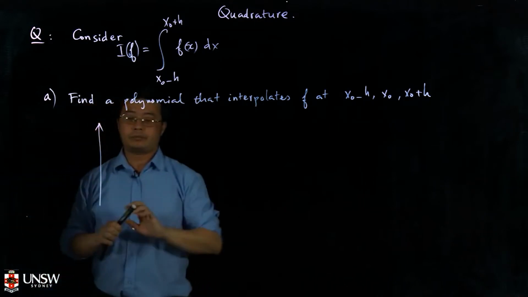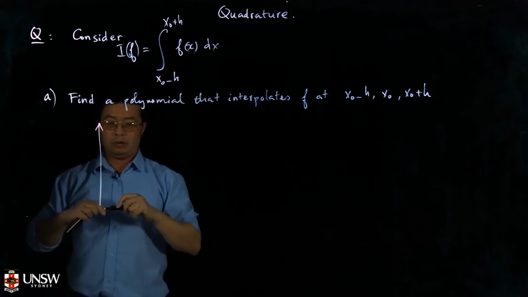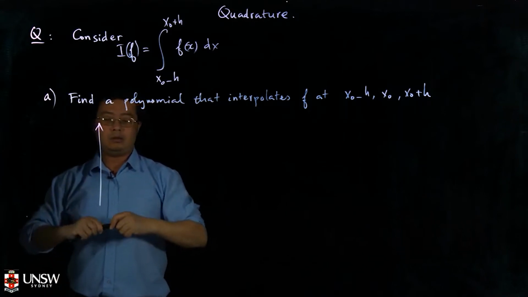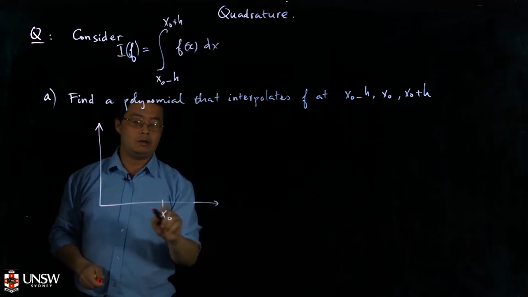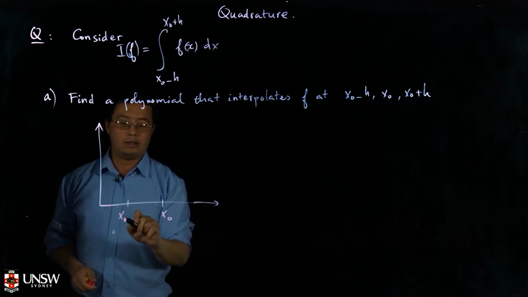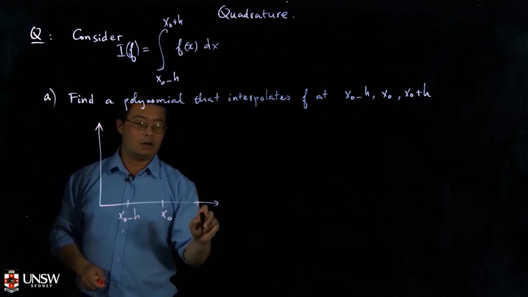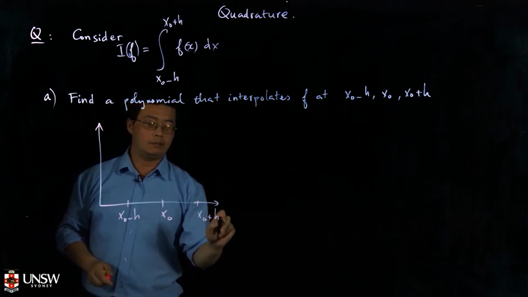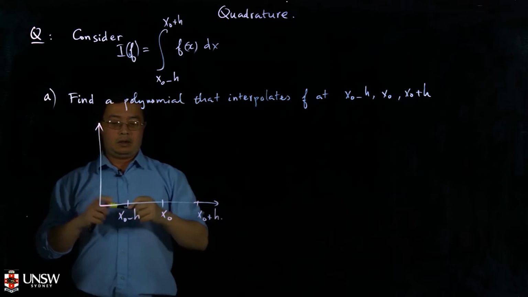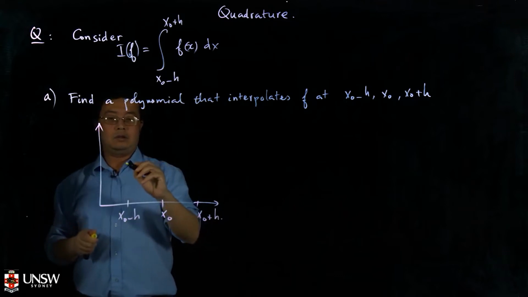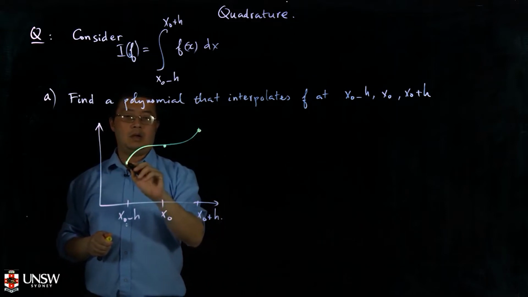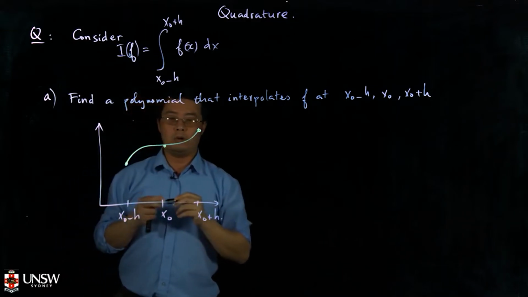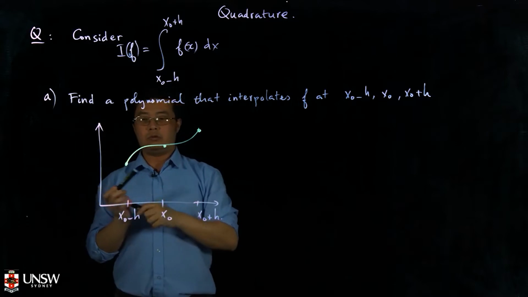The pictures look like this. So you have x0 here, x0 minus h, and x0 plus h. And the function is like this. Now we try to find a polynomial that goes through three points.